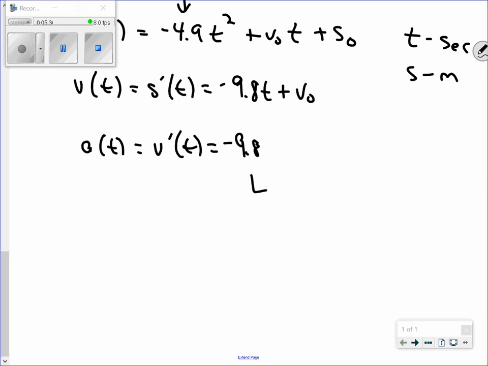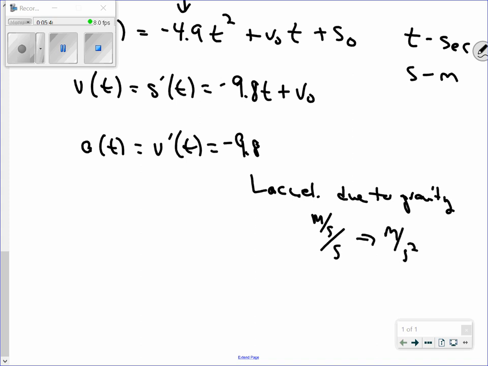And this again is the acceleration due to gravity. This one is in meters per second, which we call meters per second squared. These are some things that you use in physics.